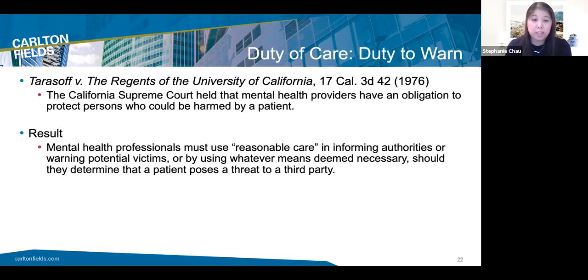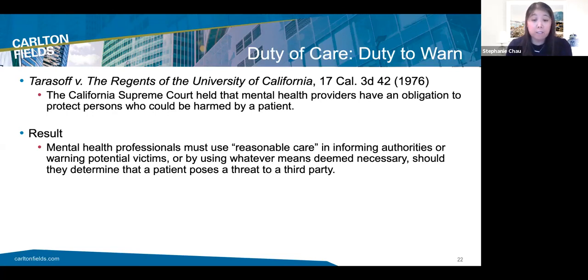And what that means is that mental health professionals must use reasonable care in informing authorities or warning potential victims. This is what we refer to as the duty to warn, or by using whatever means deemed necessary should the practitioner determine that the patient poses a threat to a third party.